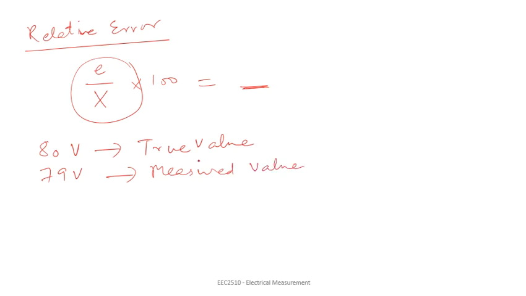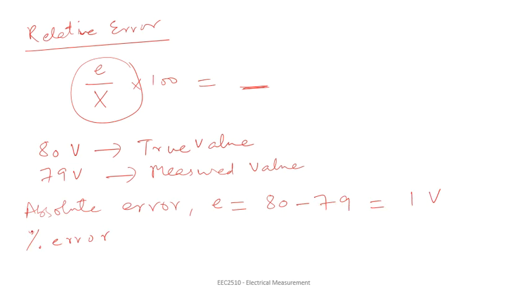Now the question is, calculate the absolute error and the percentage error. So you can calculate the absolute error, denoted with this E sign, which will be nothing but the difference of true value minus measured value, that is equal to 1 volt.